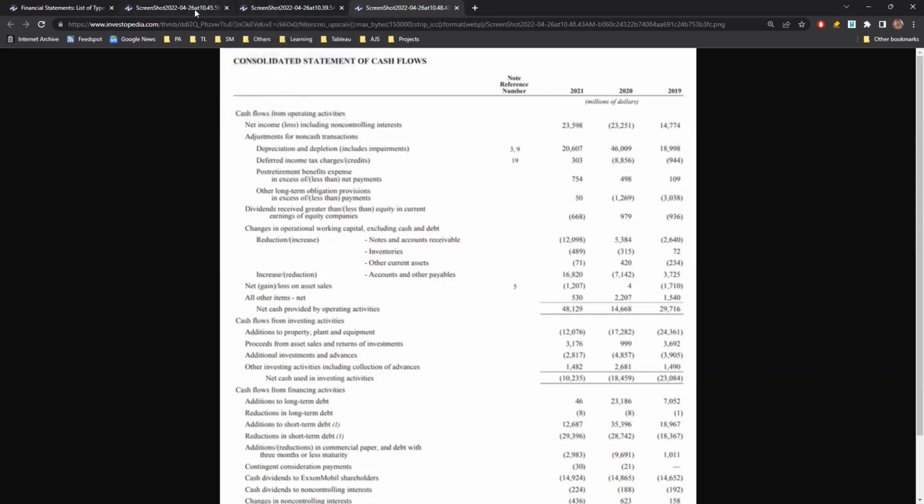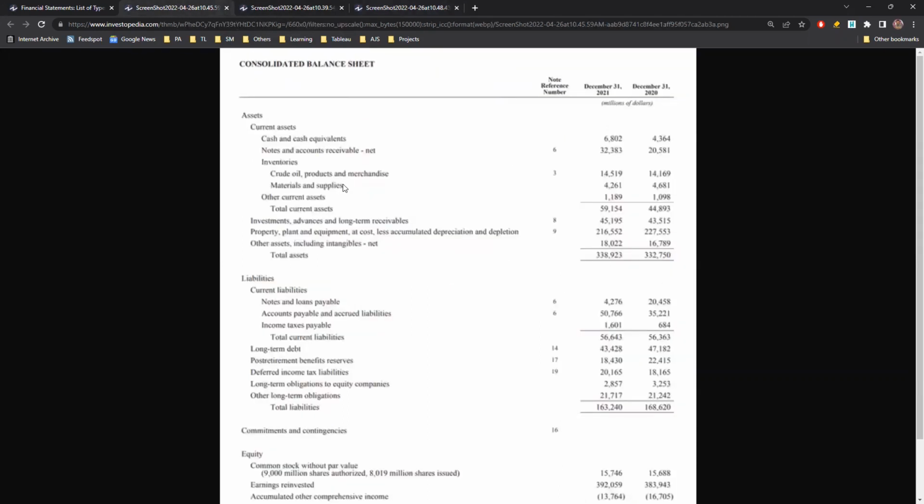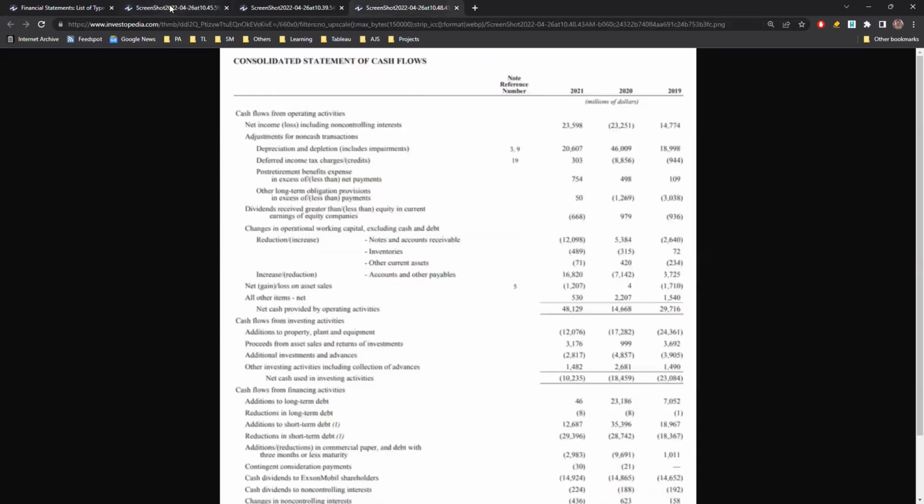Typically, once they have a balance sheet, they look at items like accounts receivable, which is present in the balance sheet, and see whether it has increased or decreased. Here we can see accounts receivable has increased by $12 billion, and they have to deduct that increase from this net income to get the right cash flow statement.